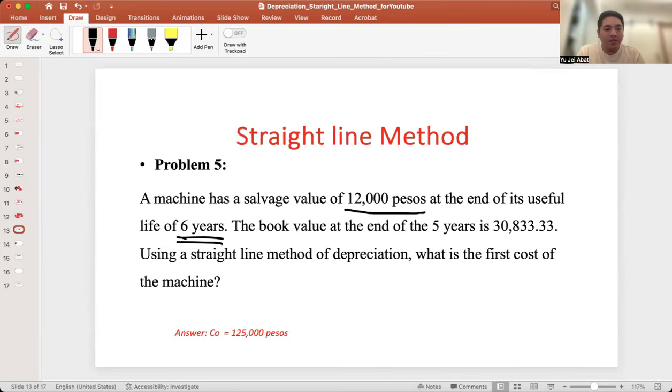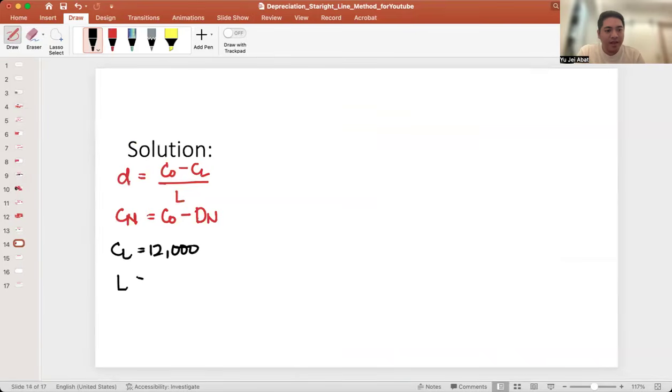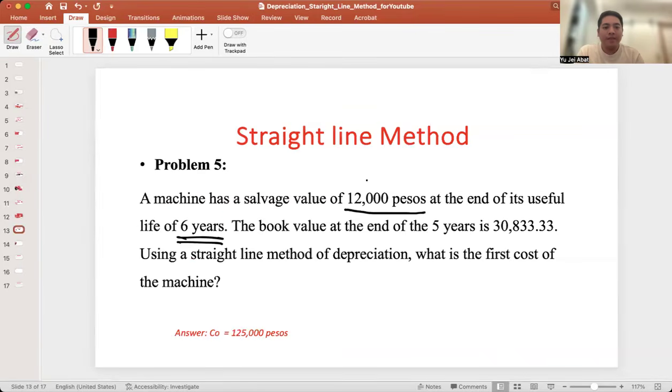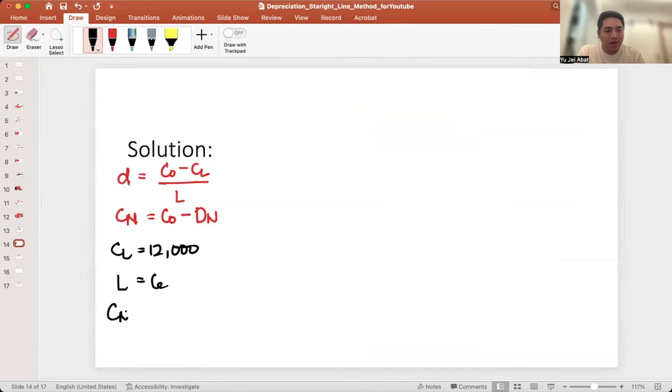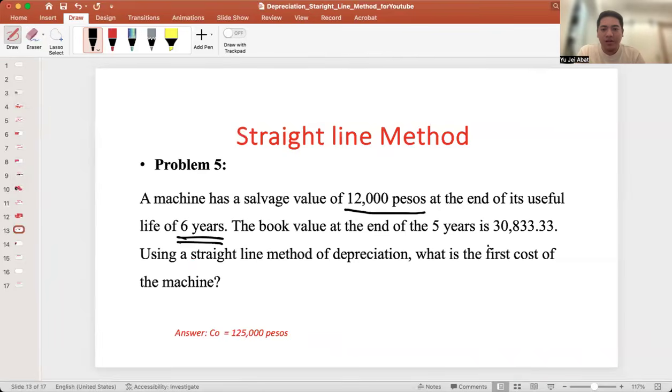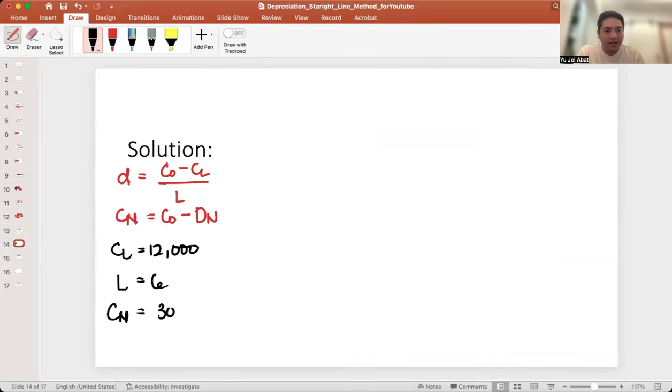The useful life is 6 years, L is 6. The book value at the end of 5 years is 30,833.33 at n equals 5 years.